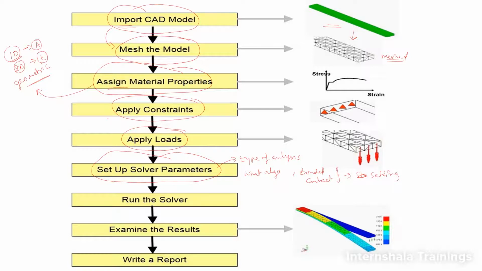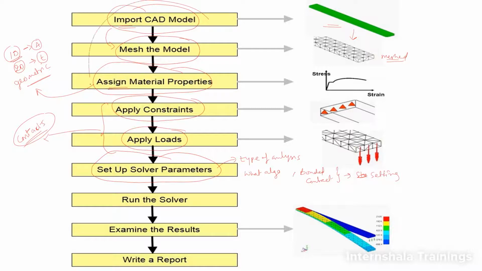And in addition to applying loads and constraints, we also apply contacts, based on the type of analysis we are going to perform and based on the geometric model. If it is a single model, we might not need contacts, but if it is an assembly, we might need contacts, right? So this is what is happening here.